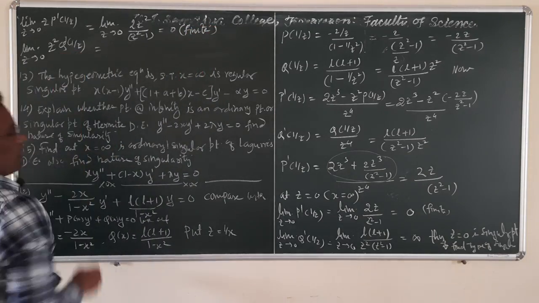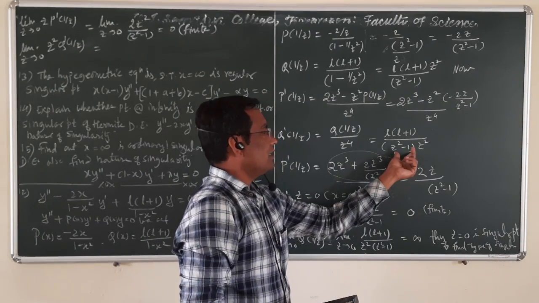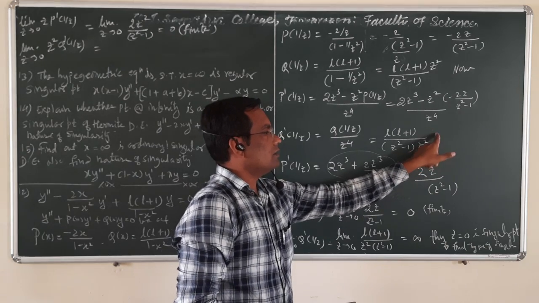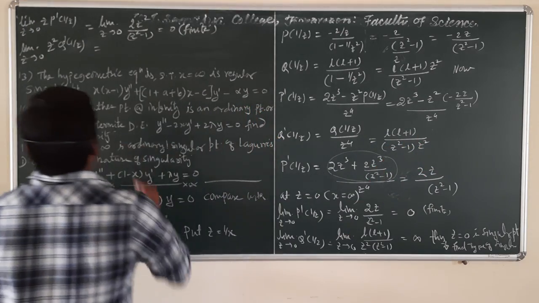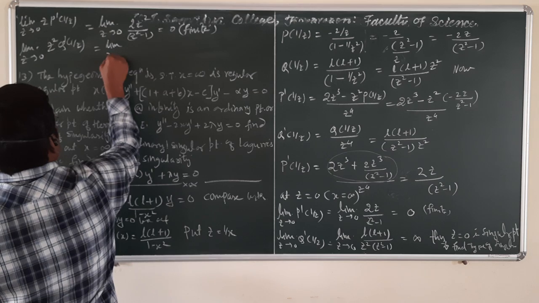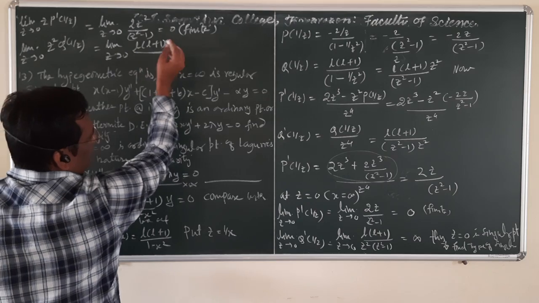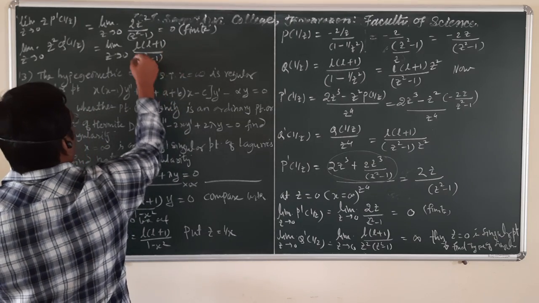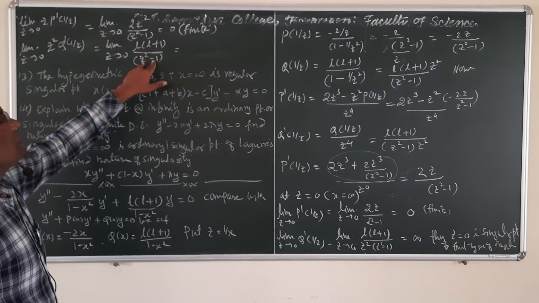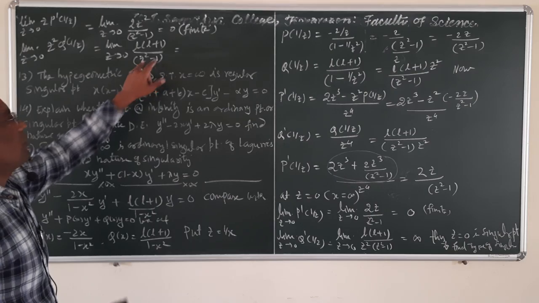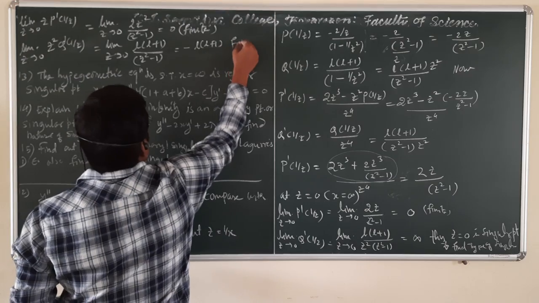Similarly, z square q dash. So q dash is this. If you multiply this with z square, that z square will cancel with this z square, and we end up with L into L plus 1. So limit as z tends to 0, L into L plus 1 divided by z square minus 1, and this is equal to, if you put the value z is equal to 0, 0 minus 1, which is minus 1, and we end up with minus L into L plus 1, which is again finite.